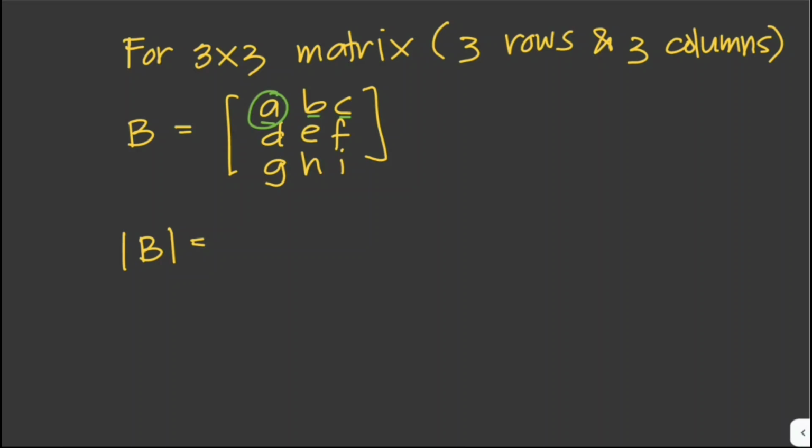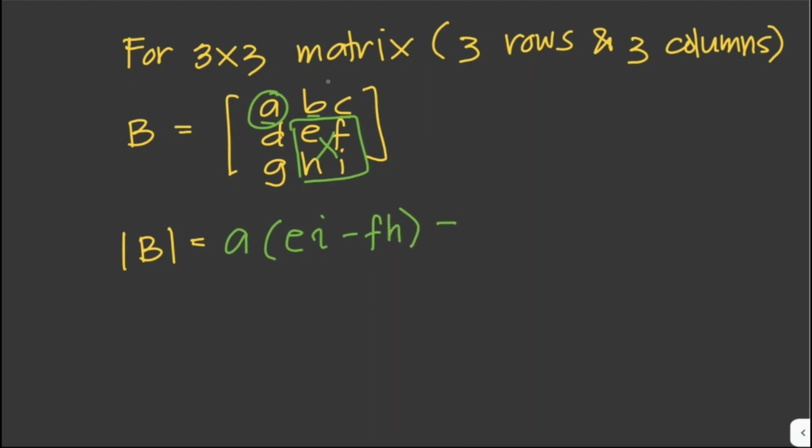So those components that are not in A's row or column are these ones. So we just get the determinant of that. So that would be A times E times I minus F times H.